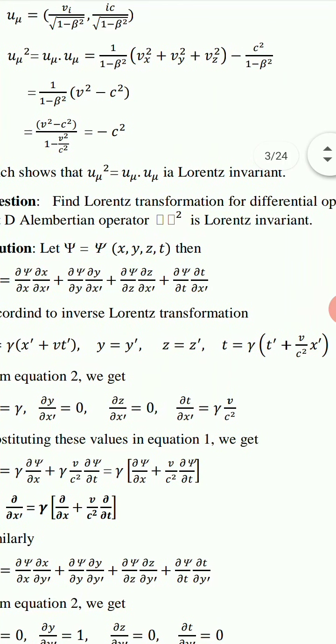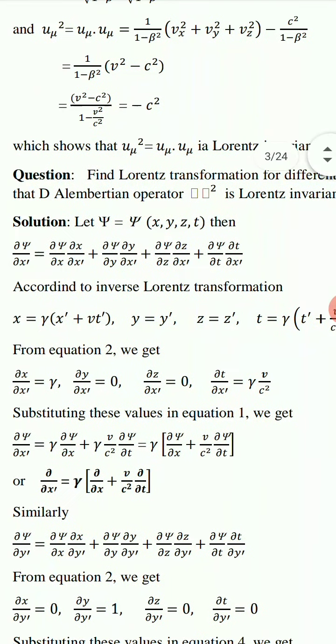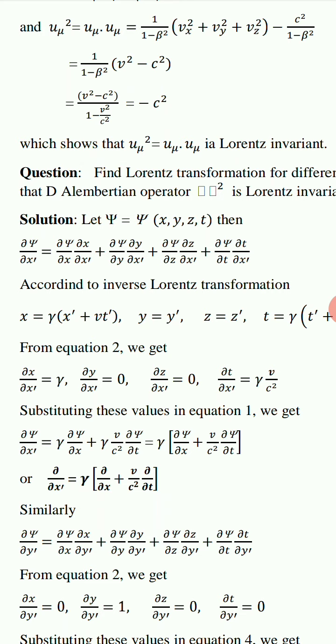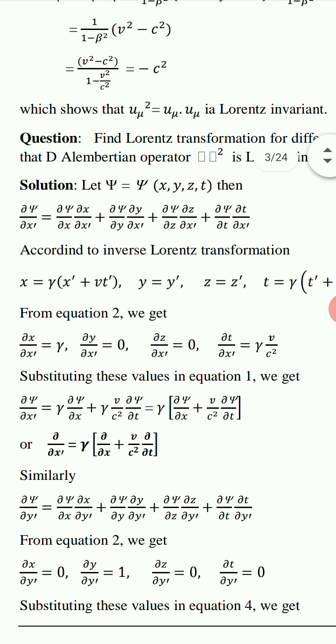So we have to find the Lorentz transformation for differential operators. Differential operators are delta upon delta x, delta upon delta y, delta upon delta z, partial differentiations with respect to x, y, z, and delta upon delta t, differentiation with respect to t.